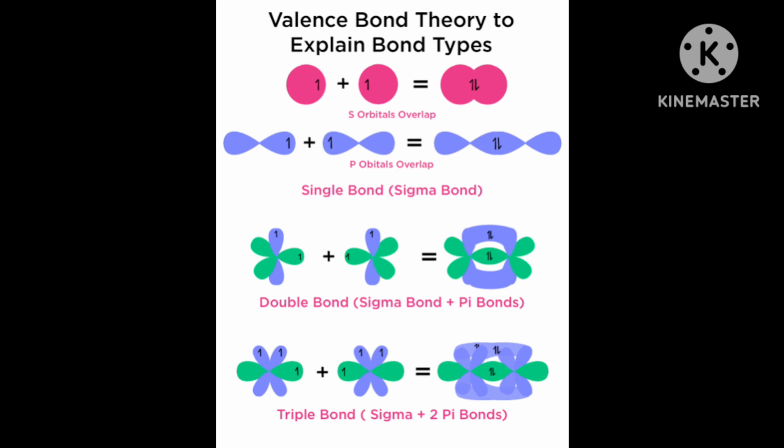This d is the (n-1)d, inner d orbitals. Whatever d may be, incomplete, it is called inner, and ahead also there is s, p, d in the normal way.